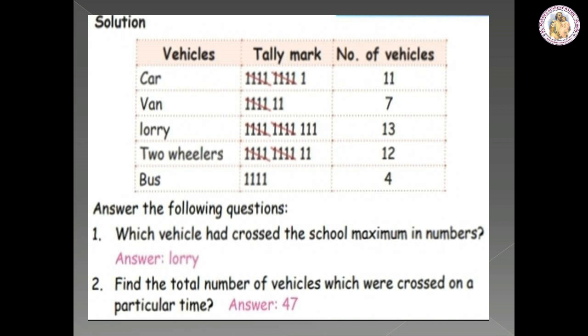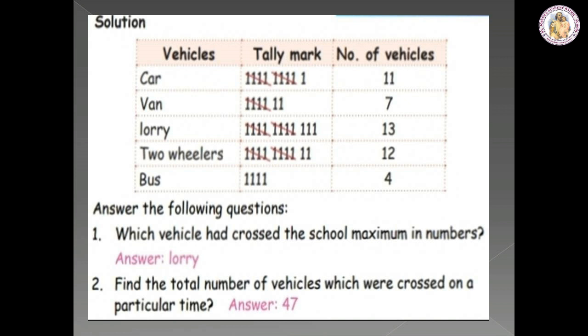With the help of tally marks, let us answer the questions. Which vehicle has crossed the school in maximum numbers? Which is the maximum number there? Yes, it's a lorry. Totally how many were there? 5 plus 5 plus 3.